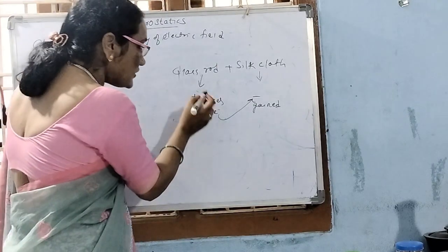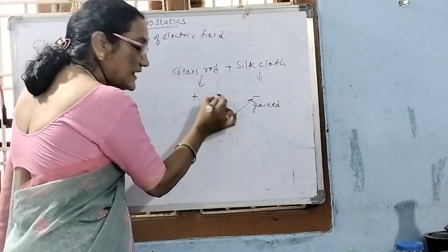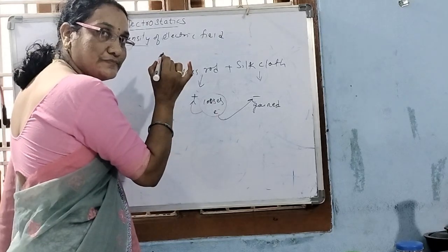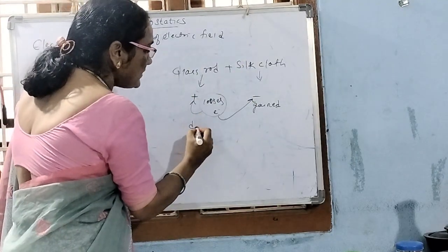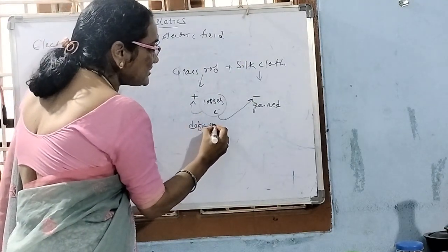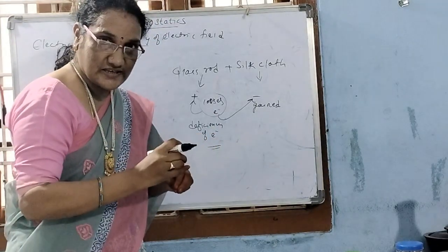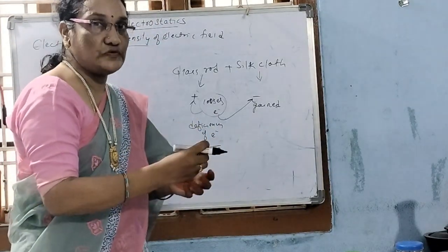By losing electrons, the glass rod becomes positively charged. So the deficiency of electrons in a substance we term positive charge.